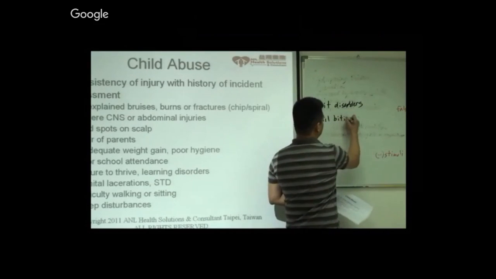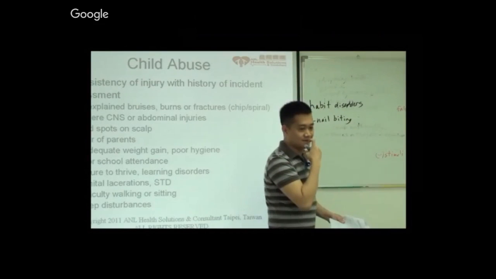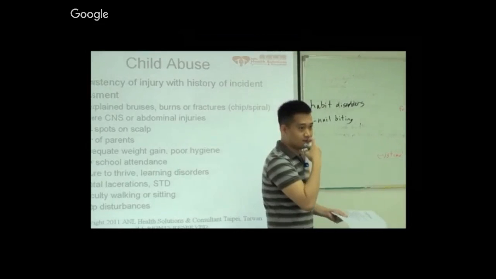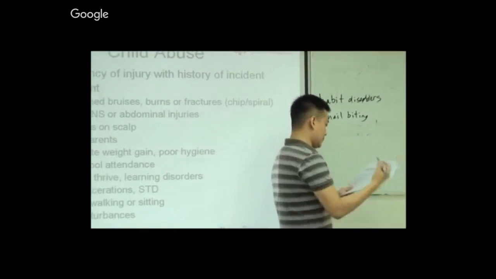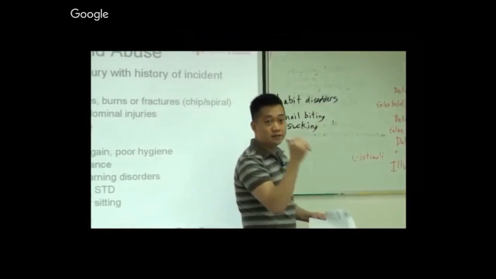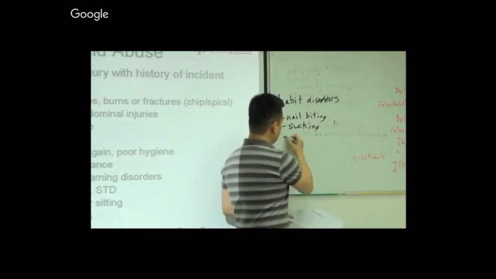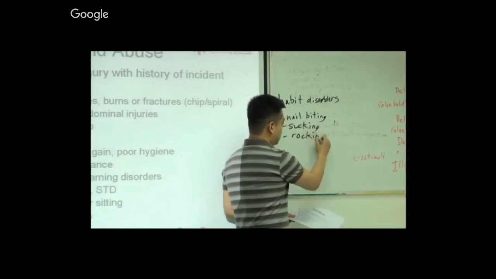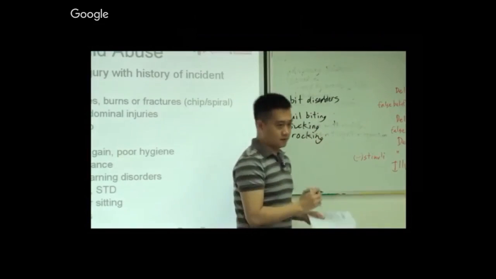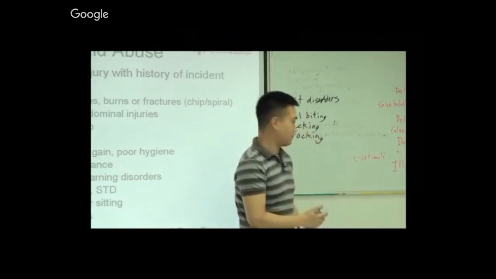Example, nail biting: you will see the child biting the nails like that. What else? Sucking the thumb. And rocking. Rocking means the child is sitting down but moving back and forth by himself.